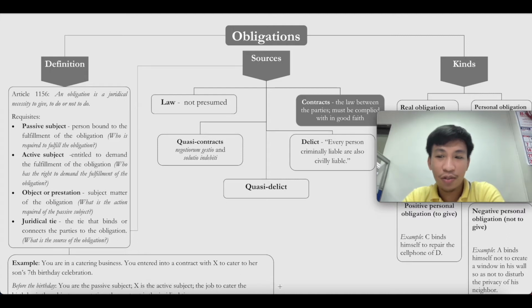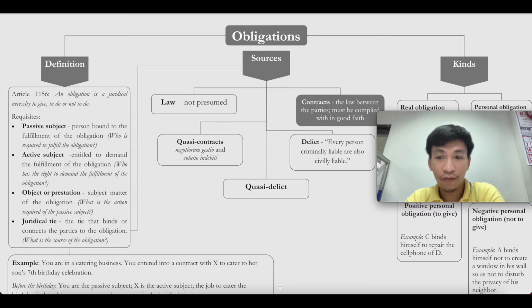The passive subject is the person bound to the fulfillment of an obligation. Now, in an obligation, there are always two parties, the passive subject and the active subject. Dalawang tao or entities yan. Now, si passive subject is the person bound to the fulfillment of the obligation.